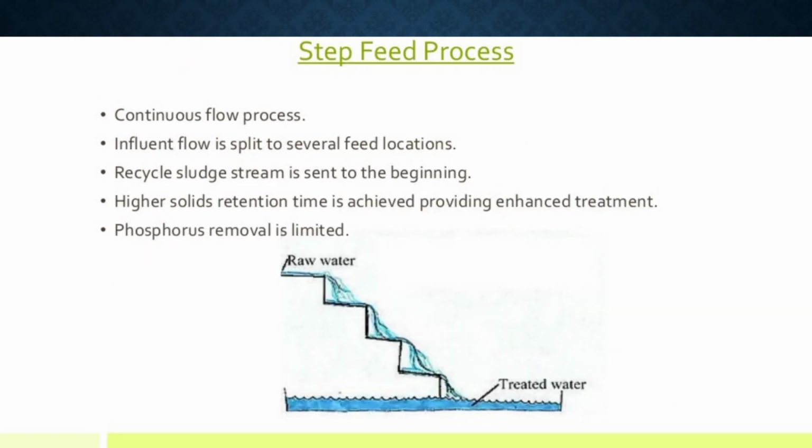Now next is step feed process, continuous flow process. Influent flow is split to several feed locations. Recycled sludge stream is sent to the beginning. Higher solids retention time is achieved providing enhanced treatment. Phosphorus removal is limited.